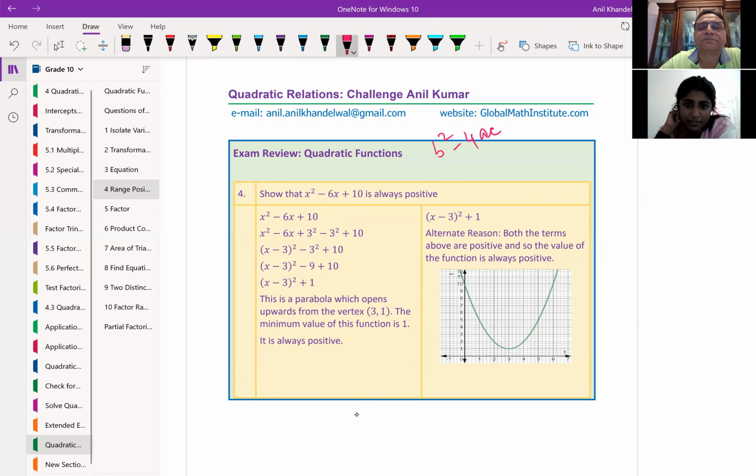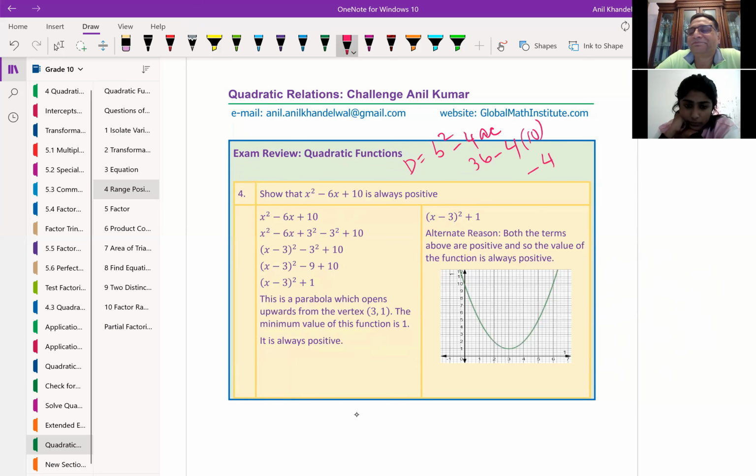I'll sub in the values and see what the outcome is, if it's greater than 0, equal to 0. Okay, so you write b squared, which is 6 squared, so 36, minus 4 times a is 1 and c is 10, correct? And what you get here is minus 4.